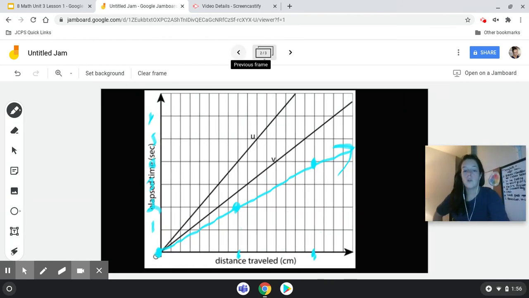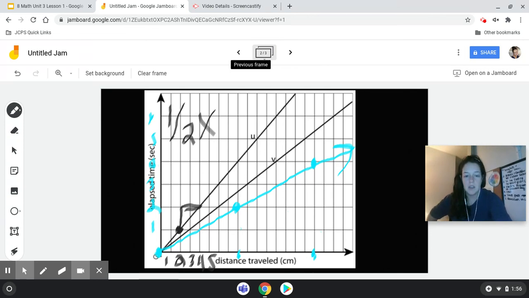So if we have our labels down here, 1, 2, 3, 4, 5, 6, and we're looking at the slope of the lines, the slope of line U, which is the ladybug, if you start right here at this black dot and you go up 1/2, that is where my y equals 1/2 x comes from.